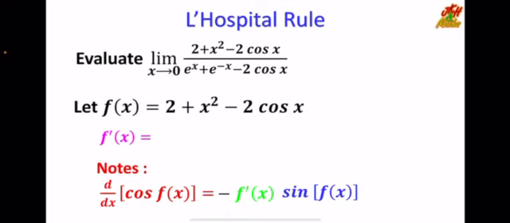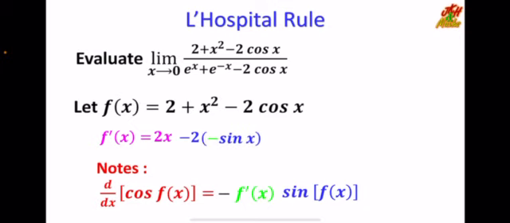So therefore, the first derivative of f is equal to, when we differentiate x squared with respect to x, we will have 2x. Then when we differentiate negative 2 cos x, when we differentiate cos, we will get negative for sure.